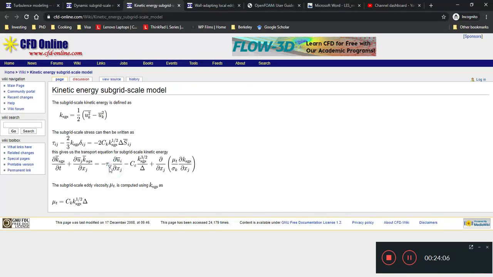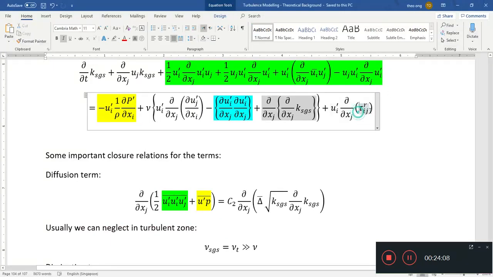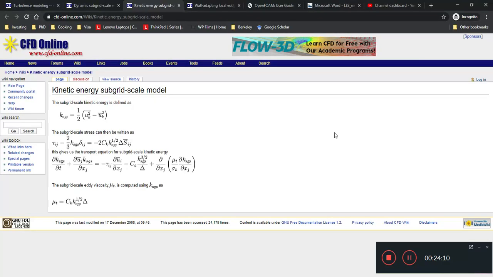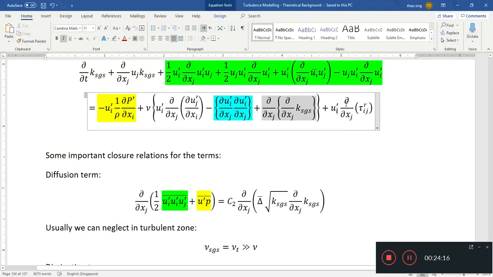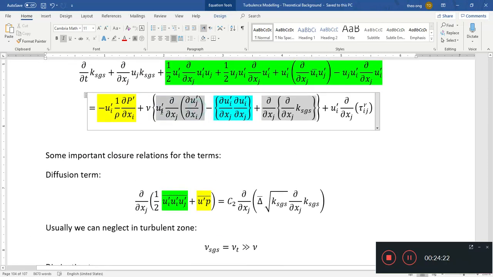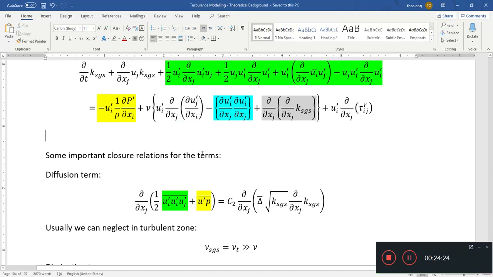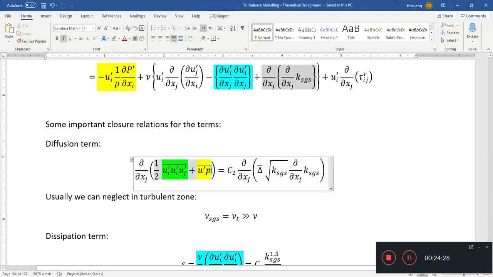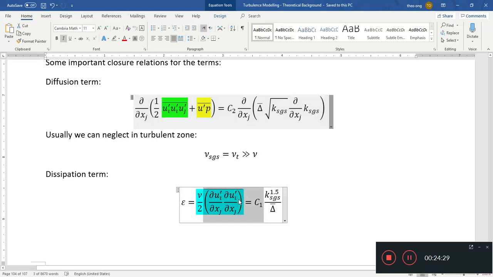Of course, this tau ij is actually outside, so there's probably some math magic there. Lots of derivation steps which I skipped, and this other term probably fits somewhere between the diffusion and dissipation term.